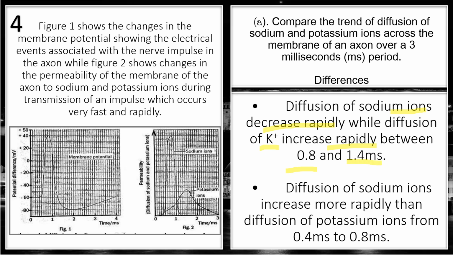So from 0.8, the sodium ions will decrease rapidly up to 1.4, whereas during that same period, the potassium ions increase very rapidly.